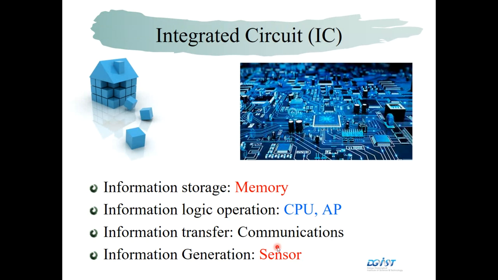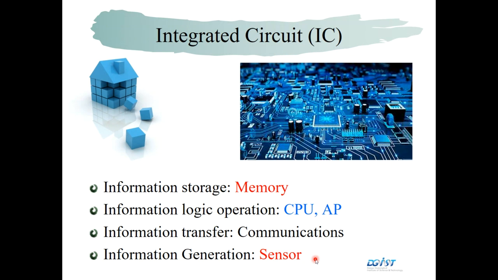The reason I categorize these four types of blocks is that magnetism contributes to all of them. I made the red font for the memory and sensor. In the memory and the sensor, magnetic devices play a very important role.